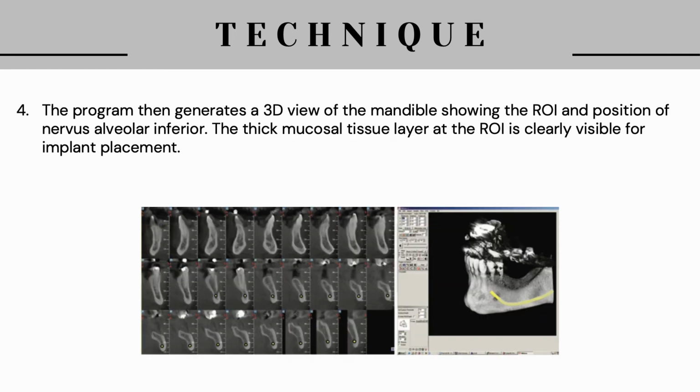Fourth, the program then generates a 3D view of the mandible showing the ROI and position of the nervus alveolaris inferior. The thick mucosal tissue layer at the ROI is clearly visible for implant placement.